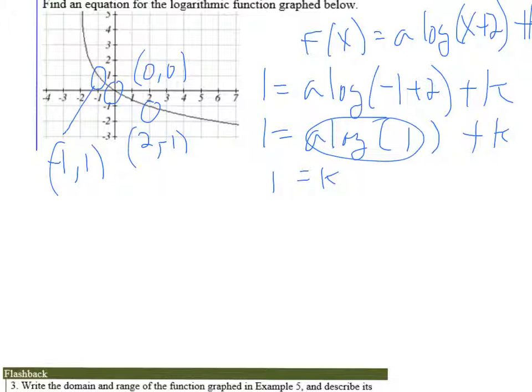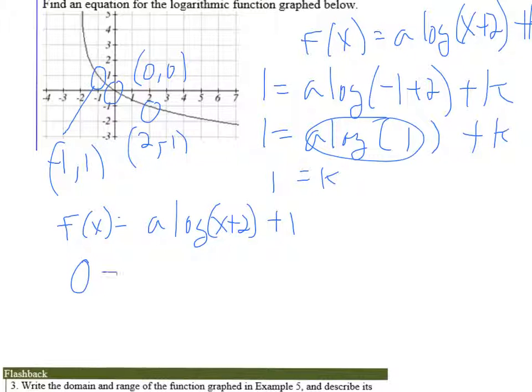So I can write this part of it. Let's see, so f of x equals a times the log of x plus 2, plus 1. So now the only thing I don't know is the a, so I suppose we can pick any other point. How about 0, 0? That's always a nice one to use. So y is 0, and x is 0.